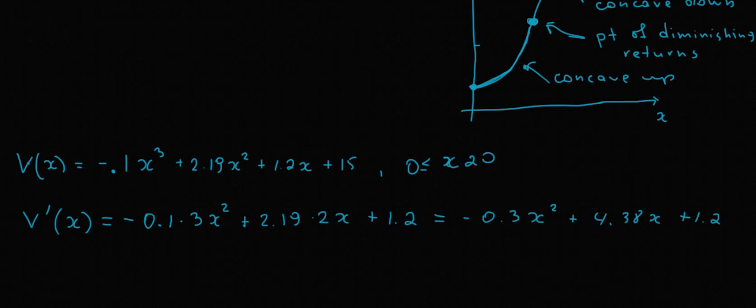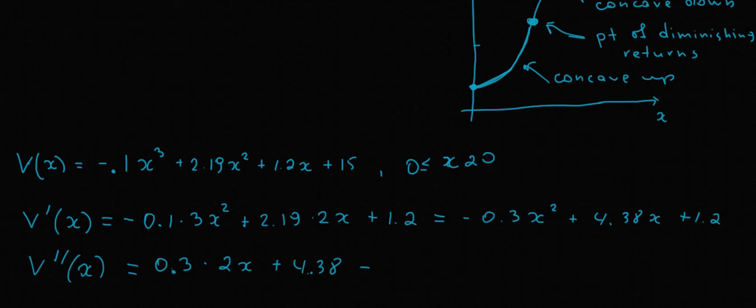Okay, now next we calculate the derivative one more time. We take the derivative of the derivative, and that gives us negative 0.3 times 2x plus 4.38.